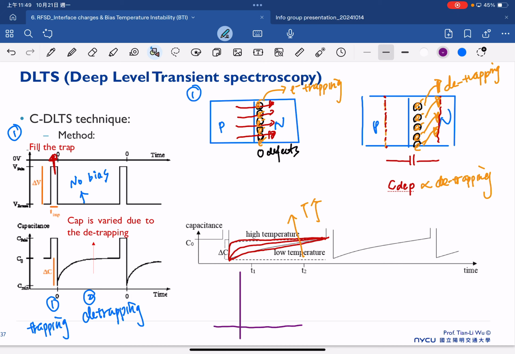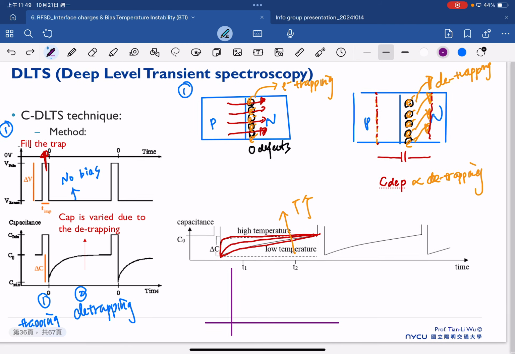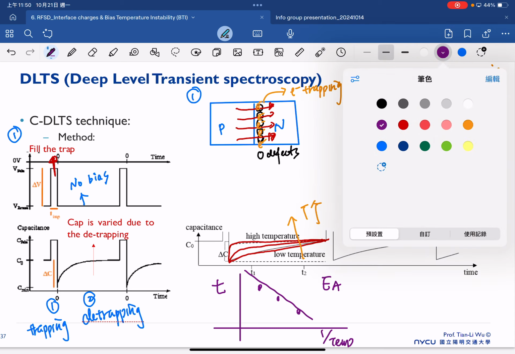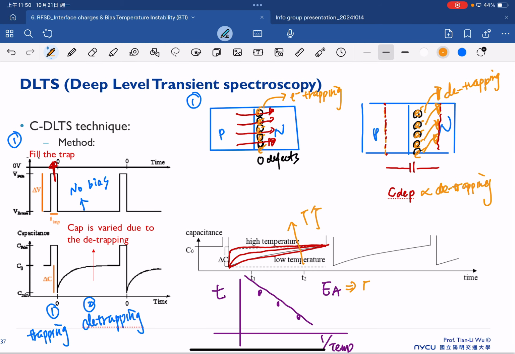So this is the reason we learned the Arrhenius plot, because this is the moment we need it, where you have the detrapping time, the capacitance recovery time, versus 1 over temperature. We can start to plot these, and then we extract the activation energy, and this activation energy indicates the trap energy level in the p-n junction.